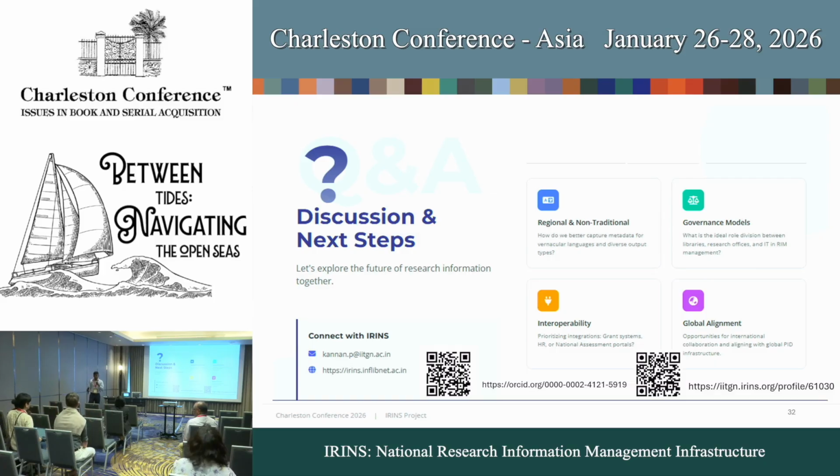Yes, really. One more thing I want to add. Earlier we didn't know how much research was produced. Suppose somebody wants to know, they simply go to Scopus or Web of Science, which shows your research output. But only after IRINS did we come to know. For example, in Scopus, the total number of research outputs by Indian authors is about 4.1 million.